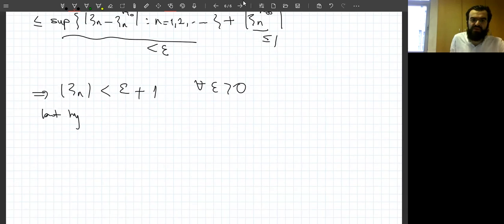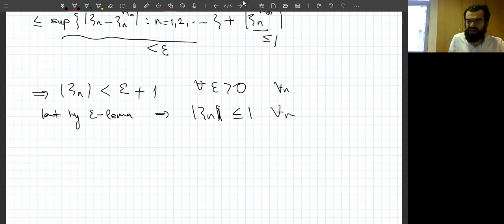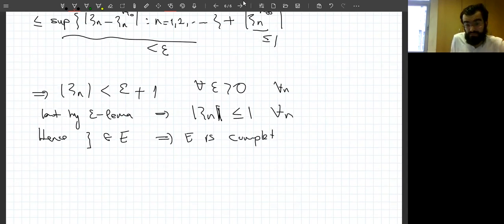But by the epsilon lemma, this implies the absolute value of psi_n for all n is less than or equal to 1 for all n. Hence, psi is in E, which implies E is complete. And what implies this? As the space of bounded sequences is complete, any complete subspace of a complete metric space is closed.